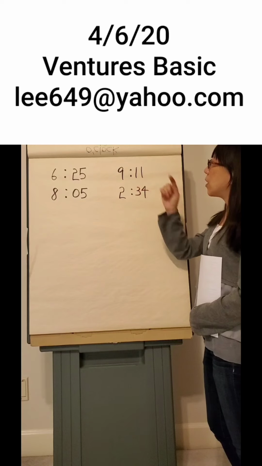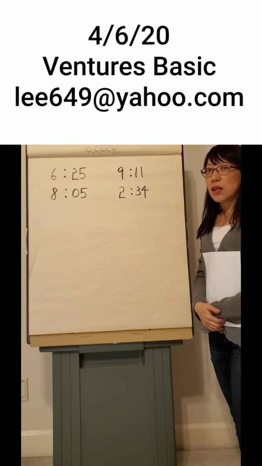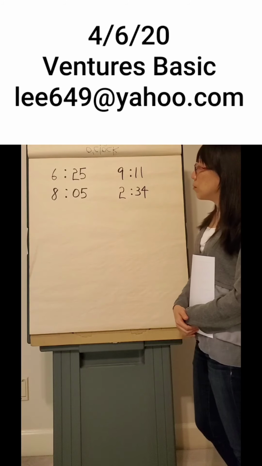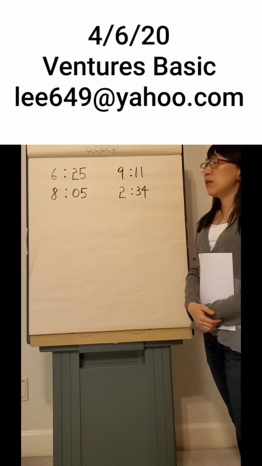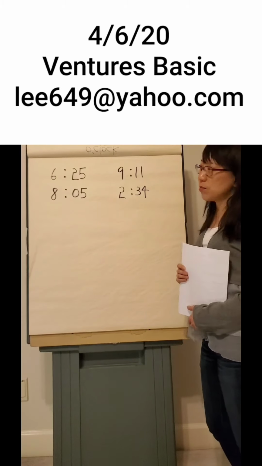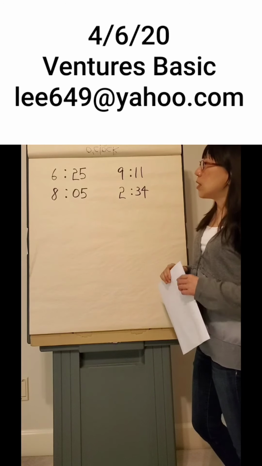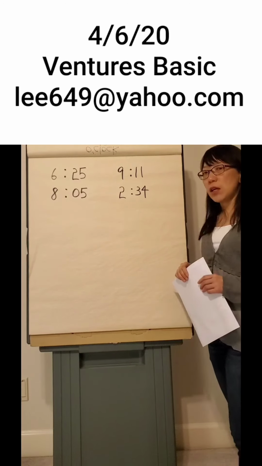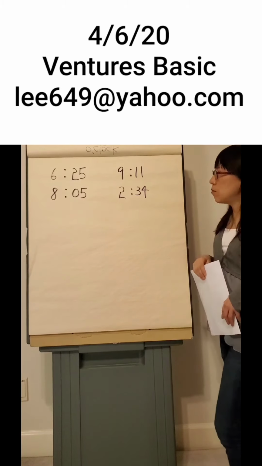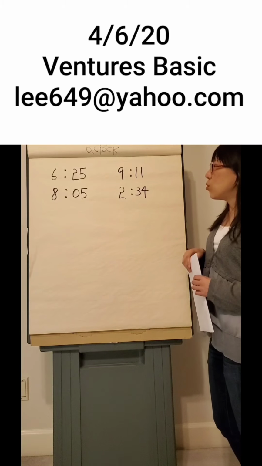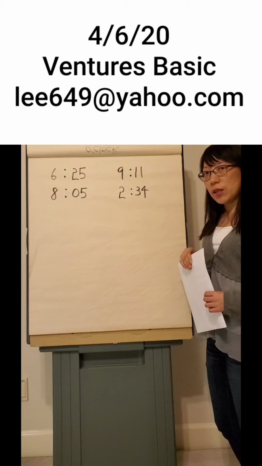If you say 9:11 PM, then it's 9:11 in the evening. 8:05 AM is 8:05 in the morning. 8:05 PM is 8:05 in the evening. 2:34 AM is 2:34 early morning.